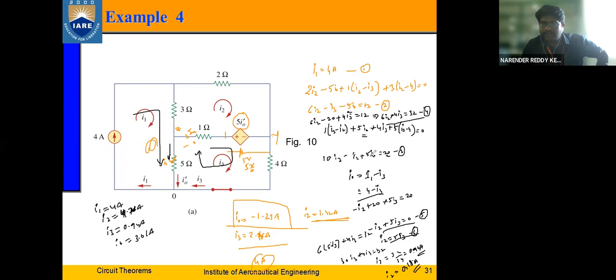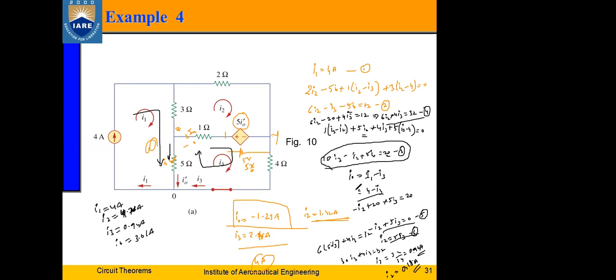Was the equation minus or plus here then? This plus 5, I know I wrote. I took it as 4 minus I3, so I will get it as... Okay. See, this equation is okay, right? Yes, sir.